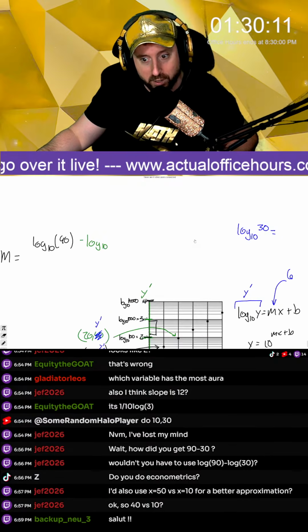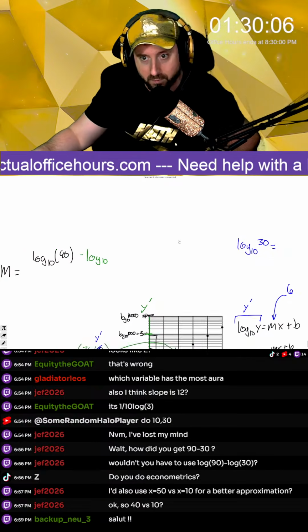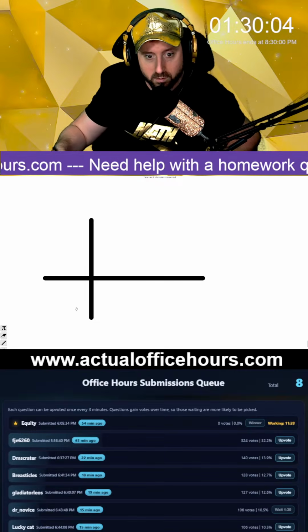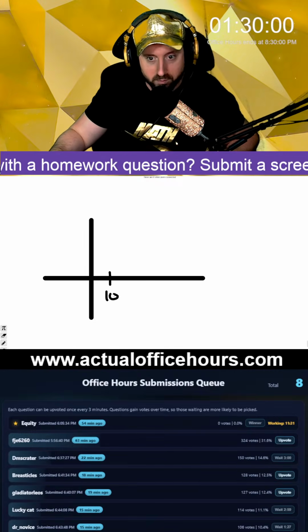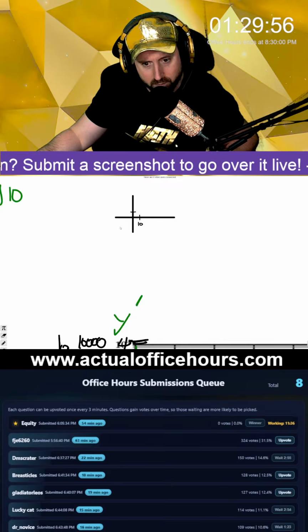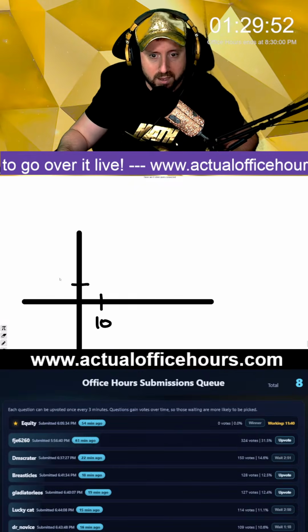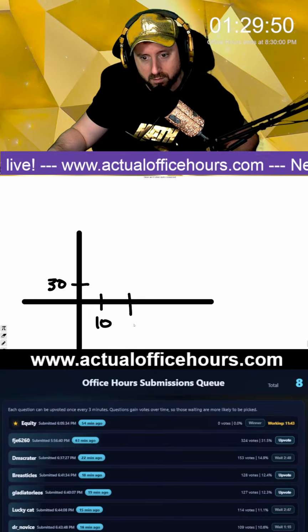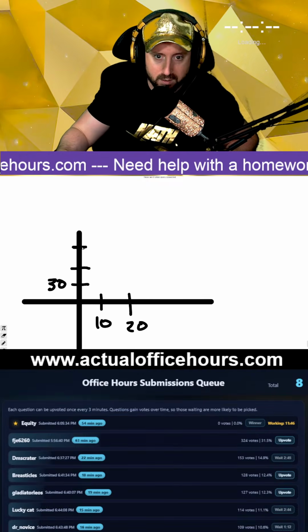On a normal graph, let's say, for instance, you graph these two points. Let's say you graphed, what was it, 10 and 30? Or was it 10 and, what was it? Yeah, 10, 30, 20, 90. Okay. So 10, 30, 20, I don't know, what's the third of these indices, right? 90.